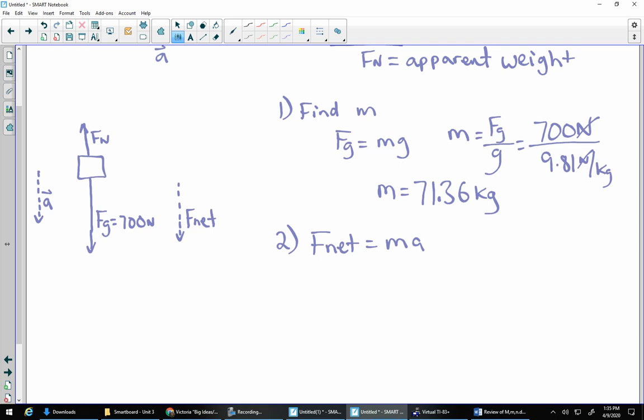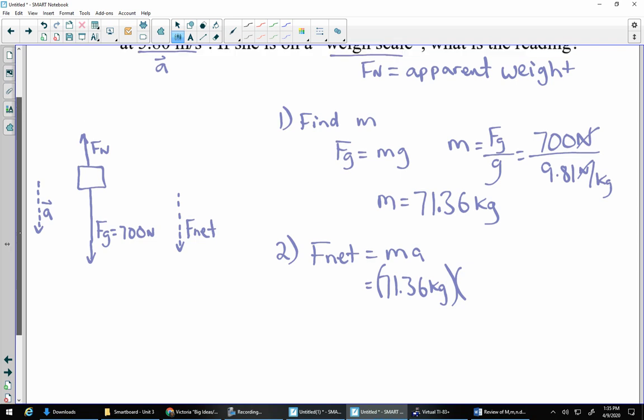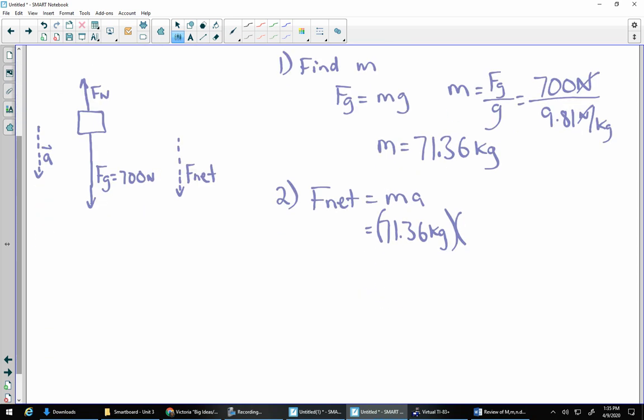So mass, we now know, is 71.36 kilograms. And my acceleration was, where is it? I didn't write it out. 5.8 meters per second squared. So go ahead, plug that into your calculator, put it on pause if you need to.